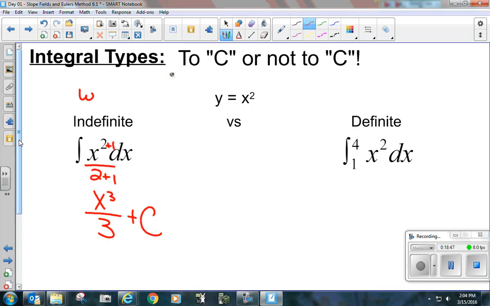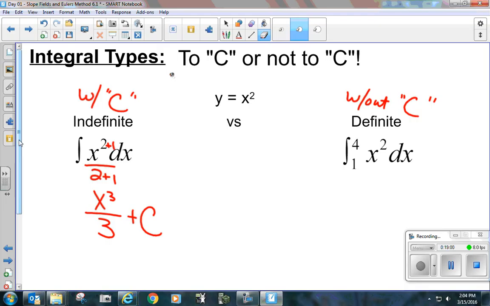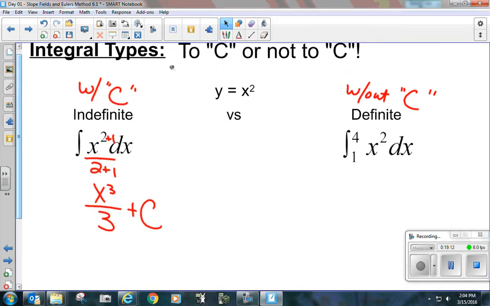So this is with the C. This is without my C. All right.